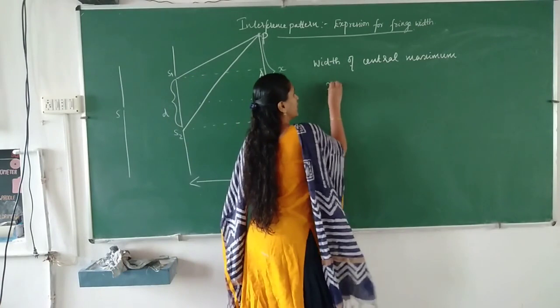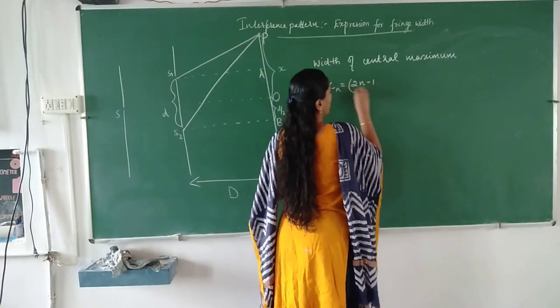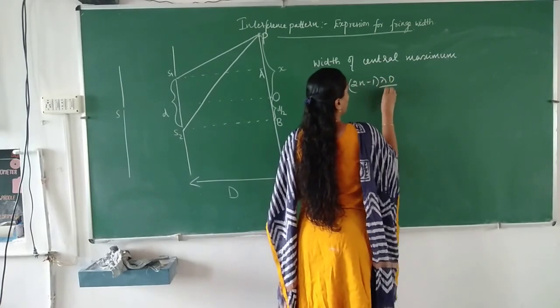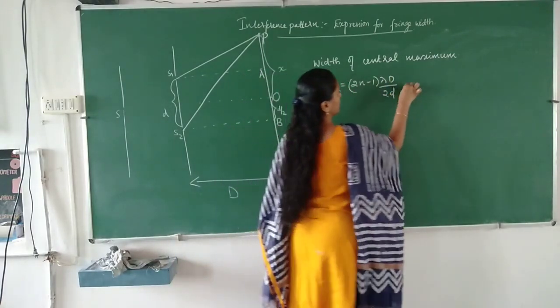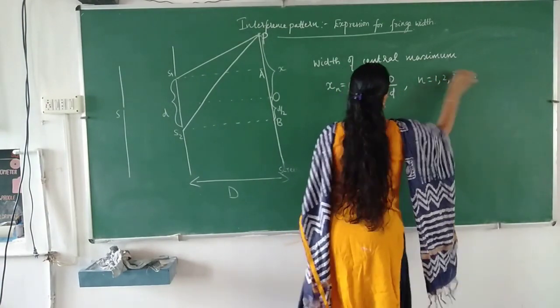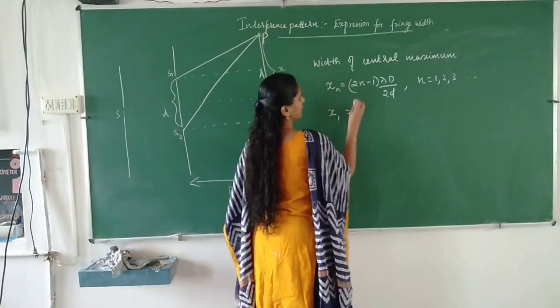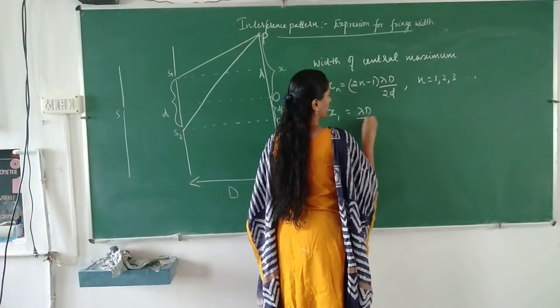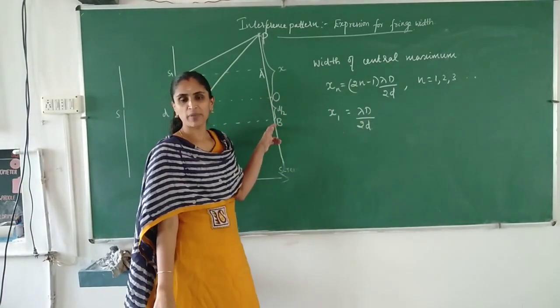We can write x_n is equal to (2n minus 1) lambda D by 2d. So when you substitute n equal to 1, what you will get? x_1 is equal to lambda D by 2d. So here also it will be at lambda D by 2d.